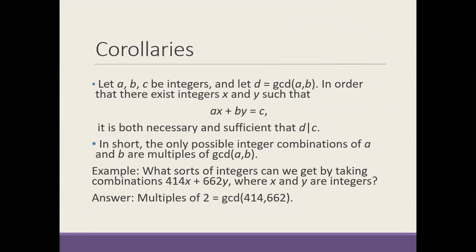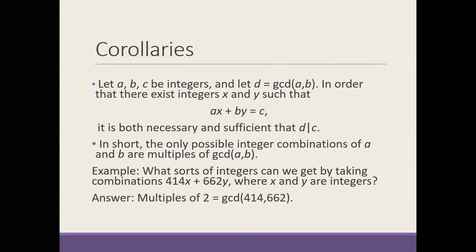No matter how clever you are, you could take 714 times 414 minus 37,426 times 662. Whatever you get has to be a multiple of the GCD, namely 2. I would never be able to write 13 as a combination of those two numbers. That falls out of this exploration with the Euclidean algorithm.